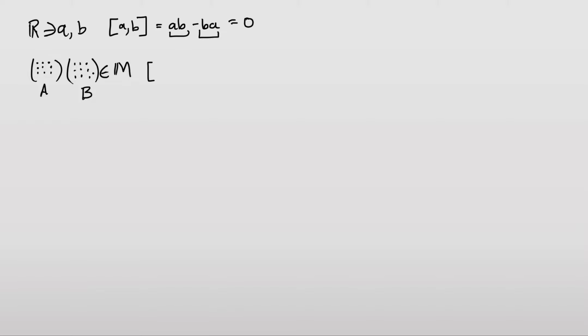So if we take the commutator of A and B, this is actually not going to be 0 in most cases, because A times B is actually different than B times A, if we're dealing with matrices, very frequently.